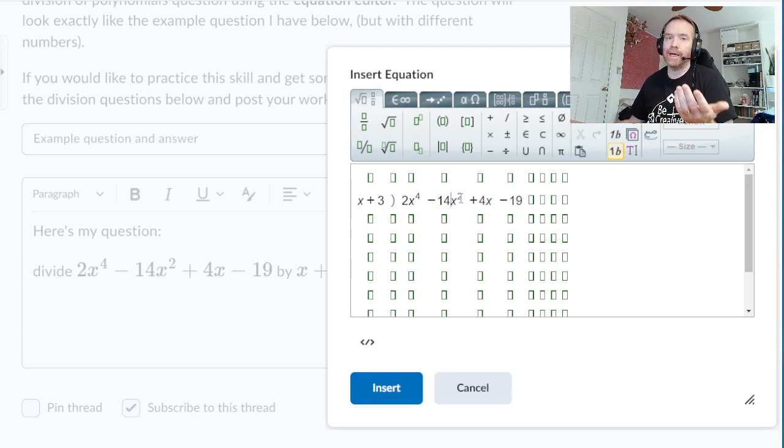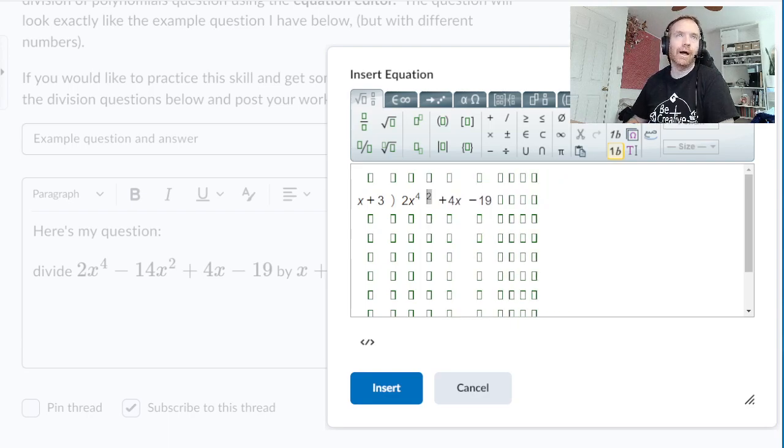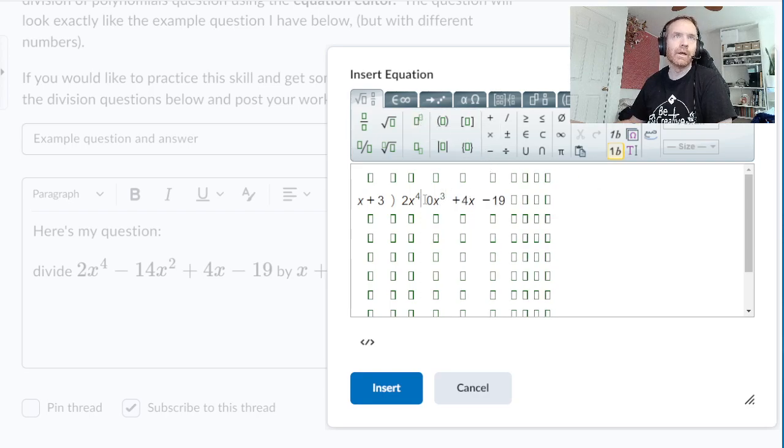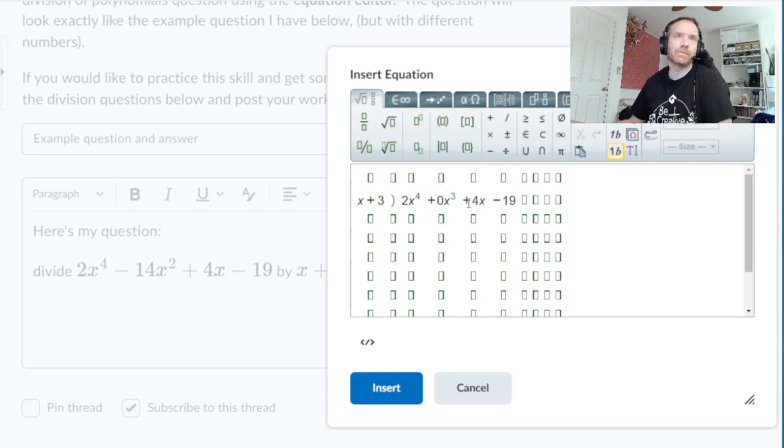In other words, the x cubed column is not there. Now, it is essential when you're doing this work that every column appear. So, for example, here, although my question doesn't have an x cubed, I still have to write 0x cubed here, and in fact, I'll write plus 0x cubed just to keep the operations going. And then I can continue.